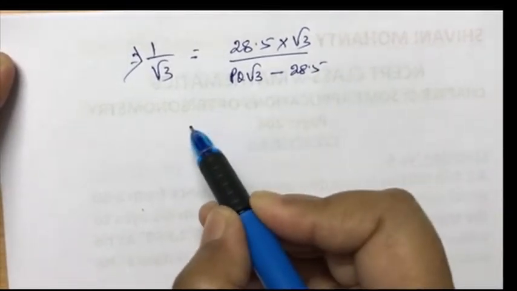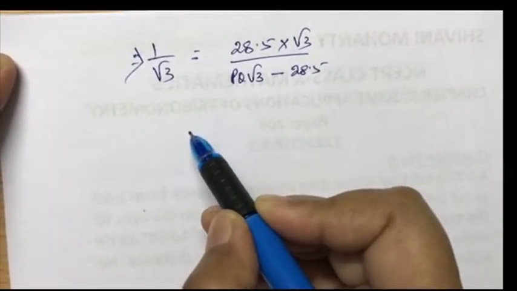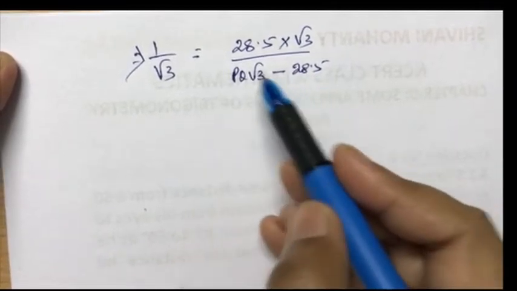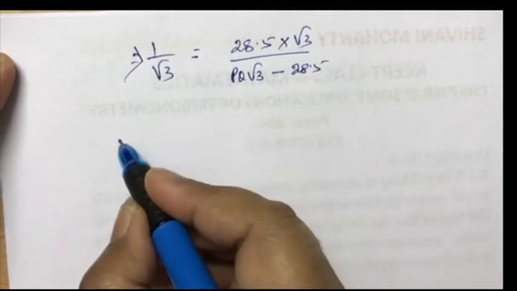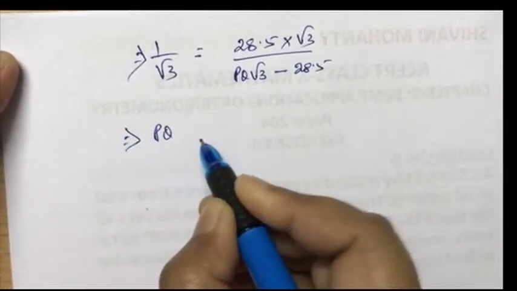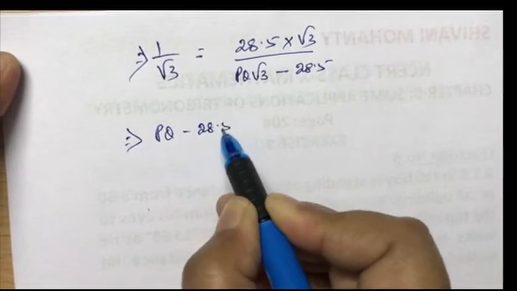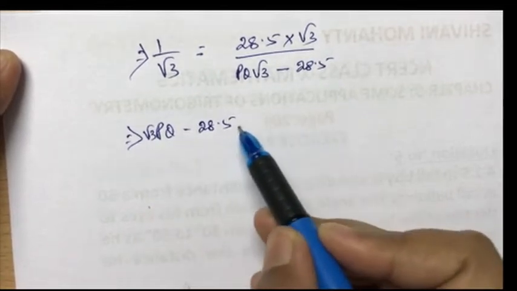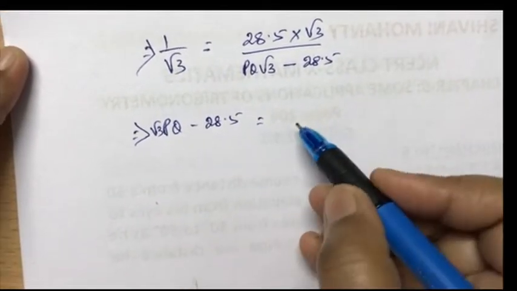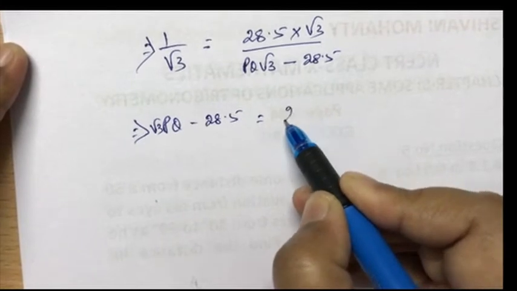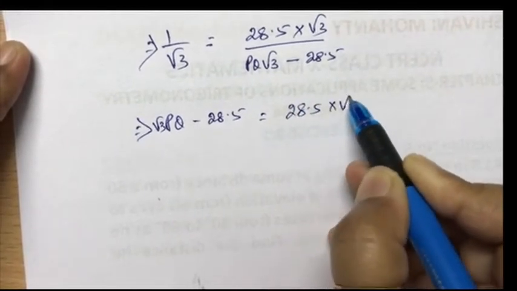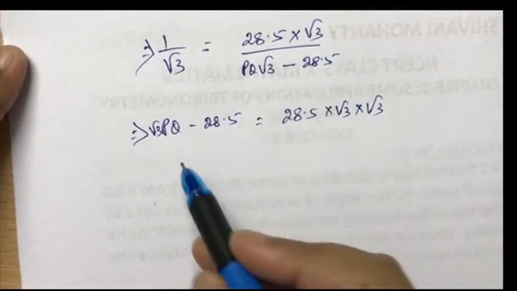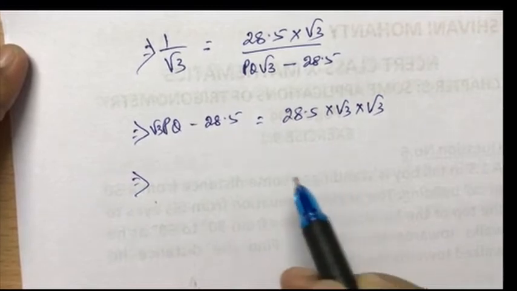Let us solve this again. I'll multiply this root 3 over here. Root 3 PQ minus 28.5 is equal to 28.5 into root 3 into another root 3. So what do you have?